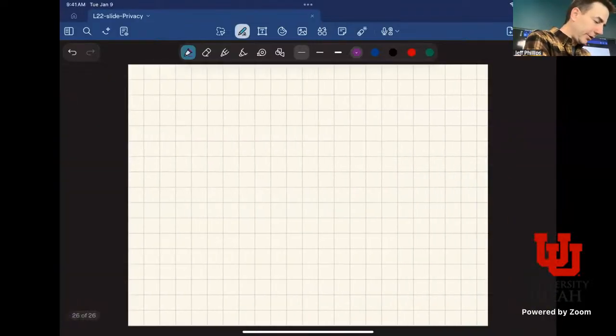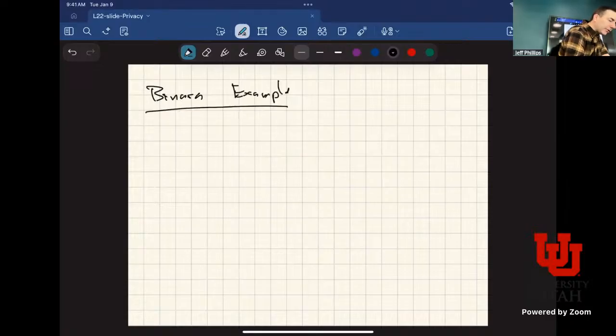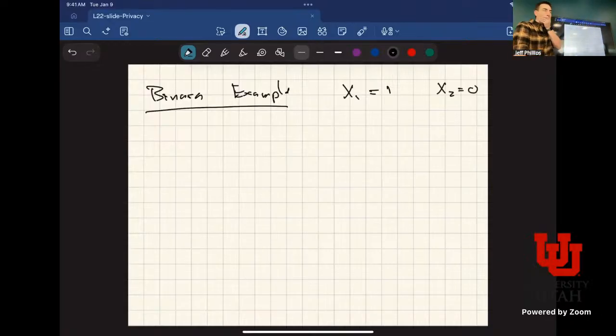Let's do another example here. Another famous example is the binary example. Now I have x1 equals 1 and x2 equals 0. I ask the question, is something true or not true? And I'm going to give a value between 1 and 0, right?